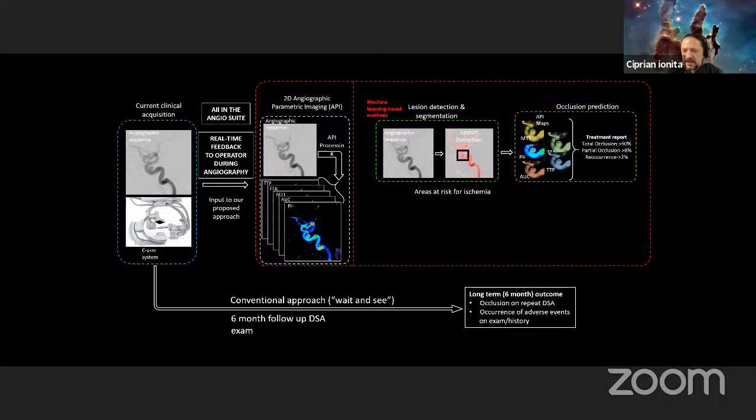You cannot go to the AI and expect it to do its magic and make a prediction that doesn't match our understanding, our scientific understanding, of the processes associated with a particular disease.